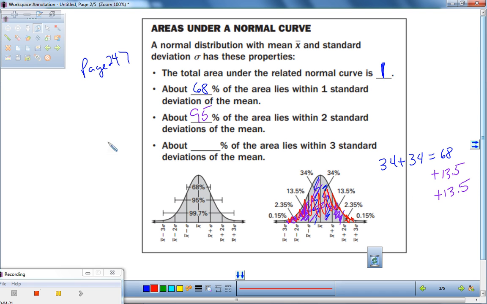So what we would do is take the 95% and add to it the extra little bit, the 2.35, twice, because we had a little section down here and a little section up here, and so we would end up with 99.7%. So most of the data is going to fall within plus or minus 3 standard deviations.